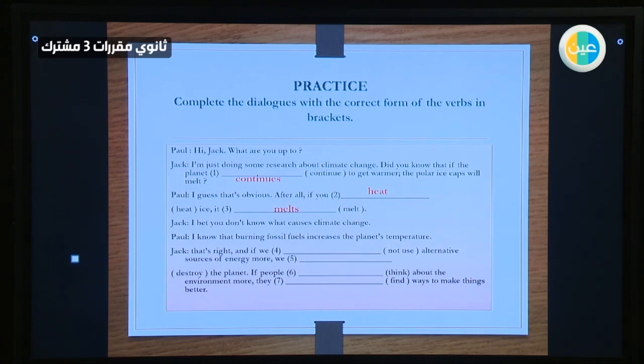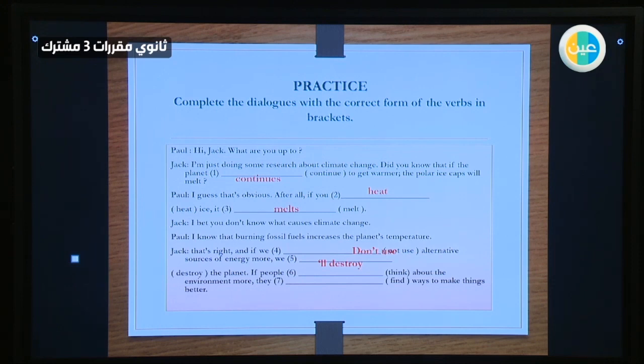And if we don't use an alternative source of energy, we will destroy the planet. So this is type 1, okay? Because this is what will happen. This may happen.